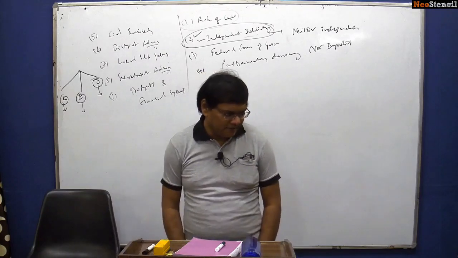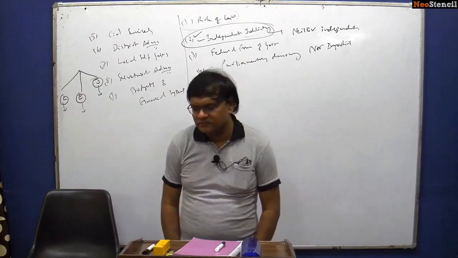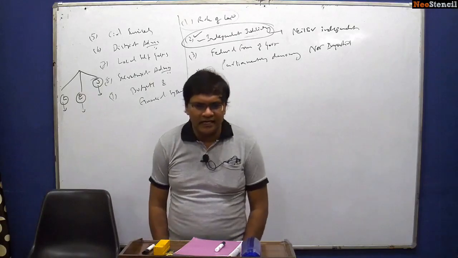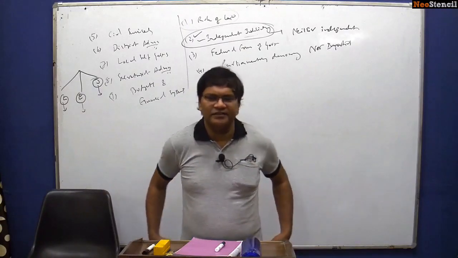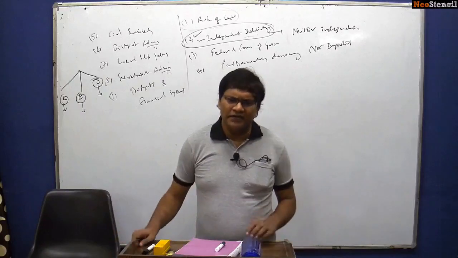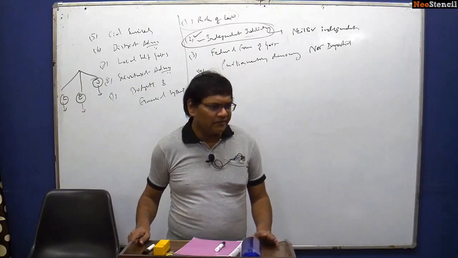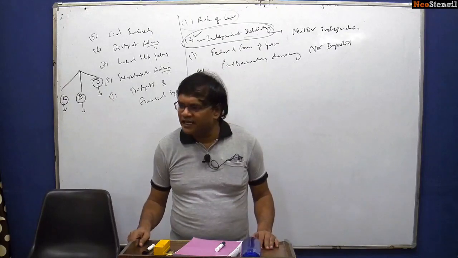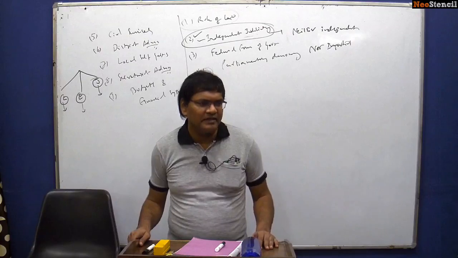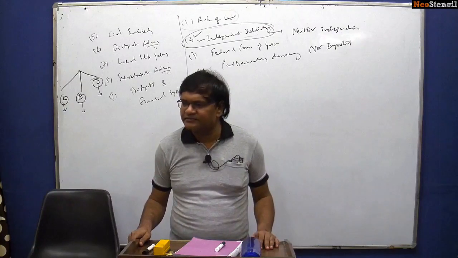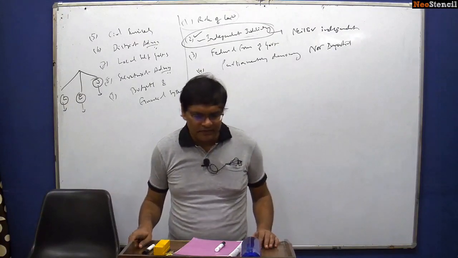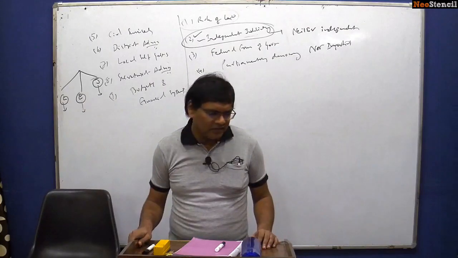Like this, they had divided the country into various provinces. Then what did they do? The governor of Bengal province was made the Governor General of the entire country.